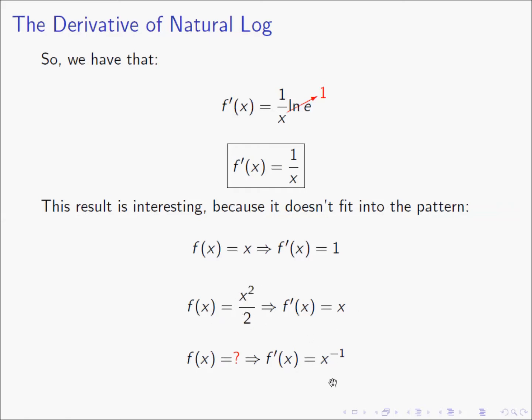But it happens that when the exponent is minus 1, that is, when you have the function 1 over x, the function whose derivative is 1 over x is not a polynomial function. It is a natural log. And I find this very interesting because it breaks the pattern. Here we have polynomials, and all of a sudden you have natural log.